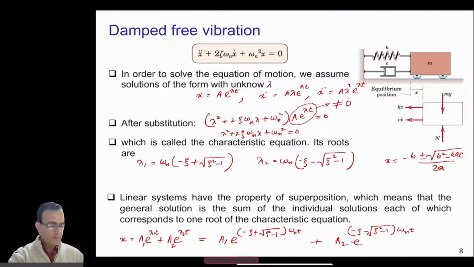So this is the solution of this equation.